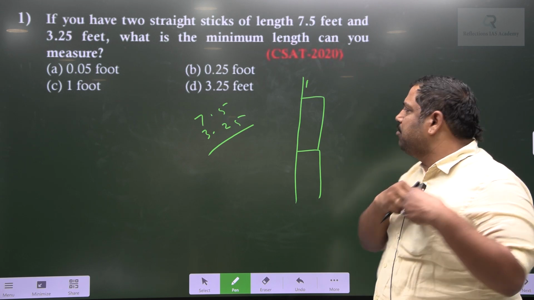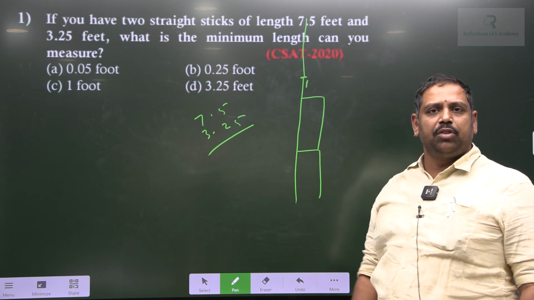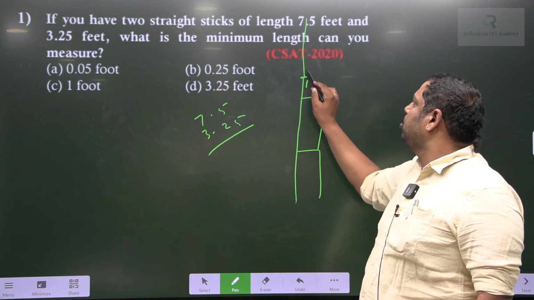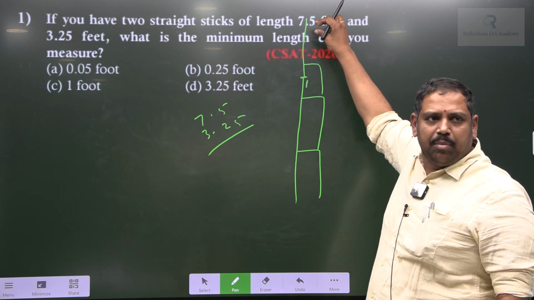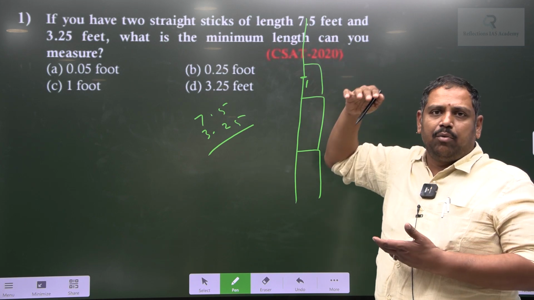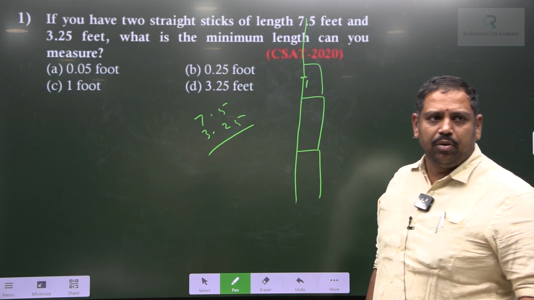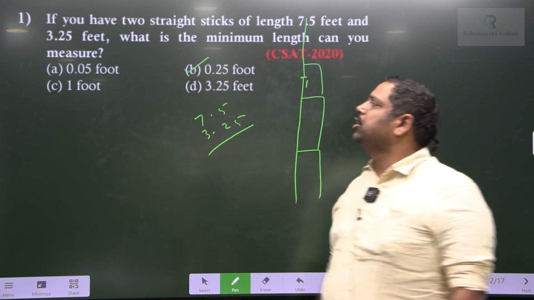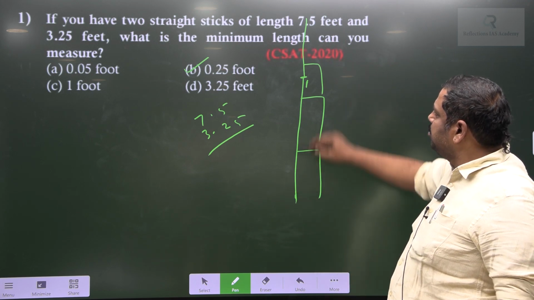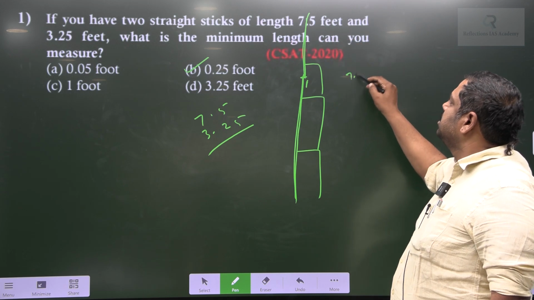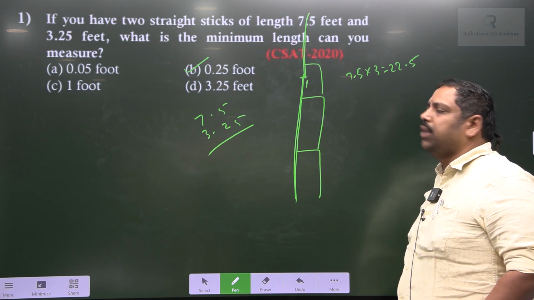Suppose I keep it for the second time, 7 foot again, so this 3.25 I'll measure one more time. One more time. Hope you understand. Finally, some other number will be left. Like that, if you check, what is the least length that you can measure? Heard all of you? The least length that we can measure is 0.25. Why? Suppose I keep the 7.5 like this for 3 times, 7.5 into 3 is how much here? 22.5.